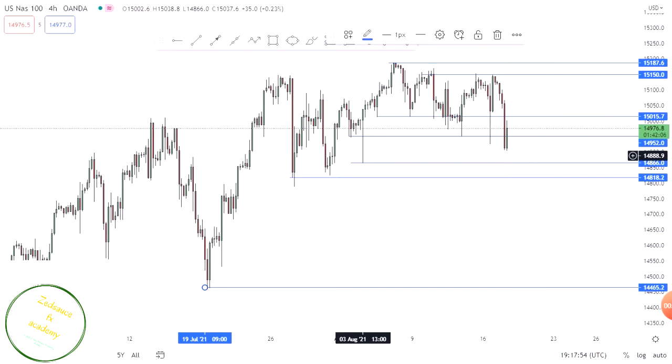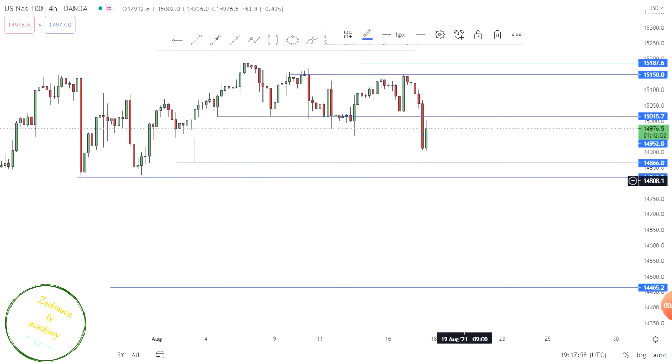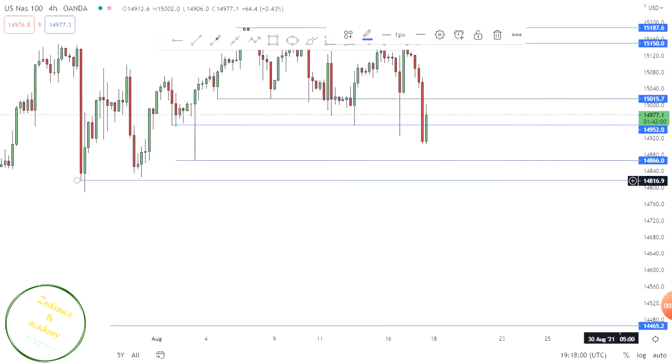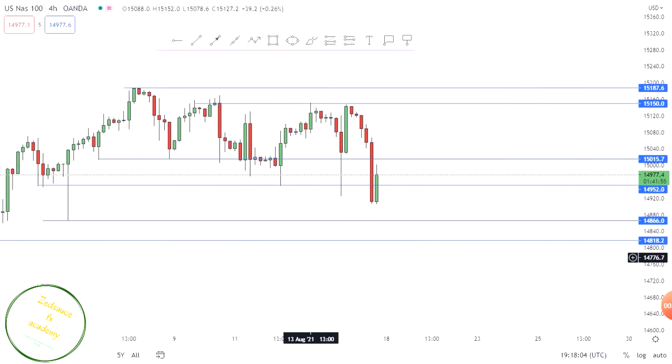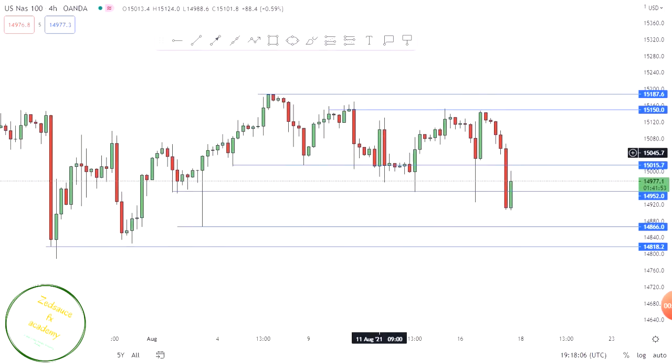It's not a single line. So you always have to bear that in mind. After you draw your zones, make sure you cover all the parts where the market turned or wicked out and went back, and make sure there are at least 2 touches. 1 touch is okay, but 2 touches carry a lot of weight.